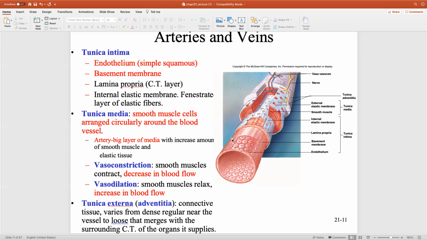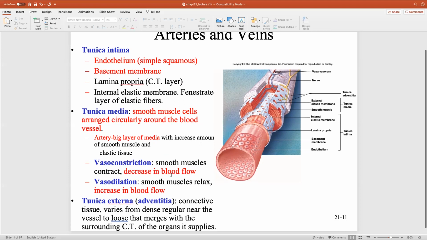That increased amount of smooth muscle allows us to vasoconstrict. The constriction then will decrease blood flow and or vasodilate. Vasodilation means you're increasing the vessel luminal size, increasing blood flow, right? Vasoconstriction decreases blood flow. Vasodilation increases blood flow, right?